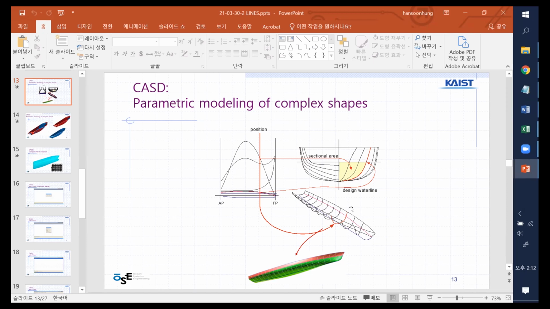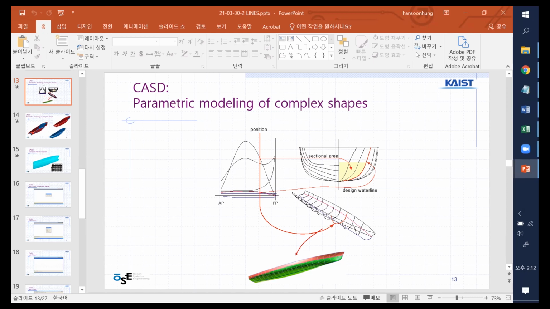So each sectional curve is generated by using this kind of way, starting from the sectional area curve and setting the stations, usually 20 stations. At each station you draw the curve of the ship, the half breadth, and then this is mirrored to the left hand side and arrives at this one.